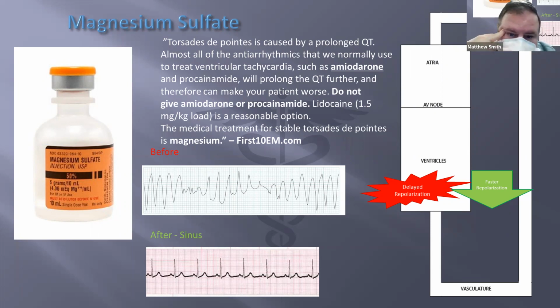You can give the lidocaine, but what you should really do is contact online medical control and get orders for mag sulfate, because mag sulfate is the only drug we carry that is going to decrease the QT interval and actually address what is making these patients sick, which is a prolonged QT, prolonged ventricular repolarization.